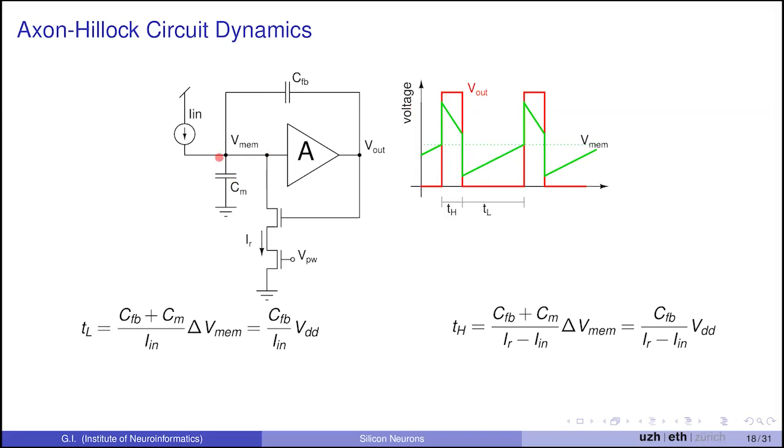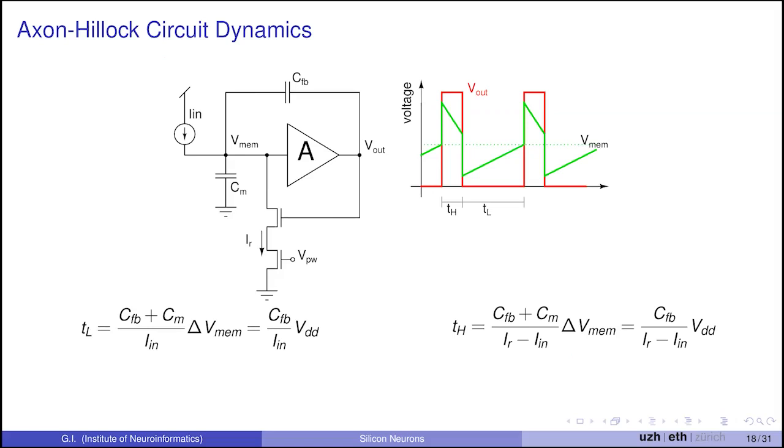It's possible to fix it by adding extra switches, but one easy way to fix it is to just make I reset orders of magnitude larger than I in. So if I have picoamps in input current and microamps in the reset current, then in this term, IR minus I in, the minus I in becomes negligible.